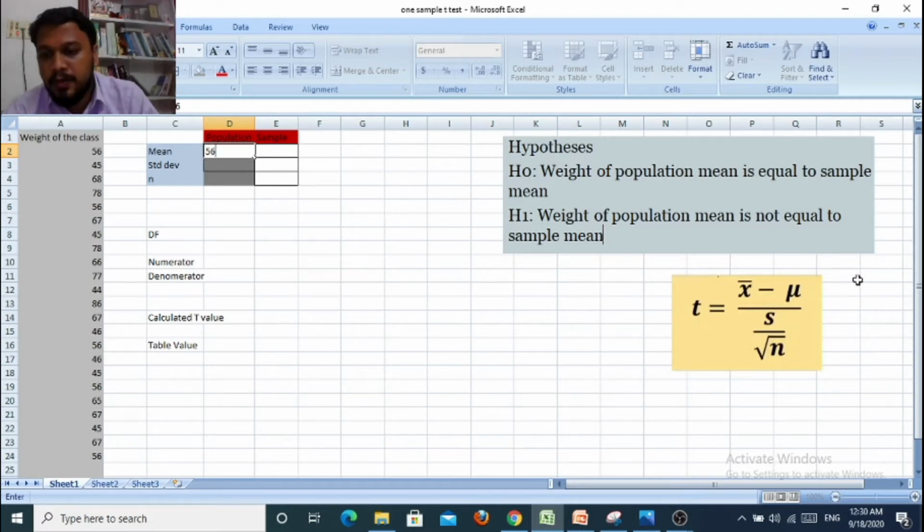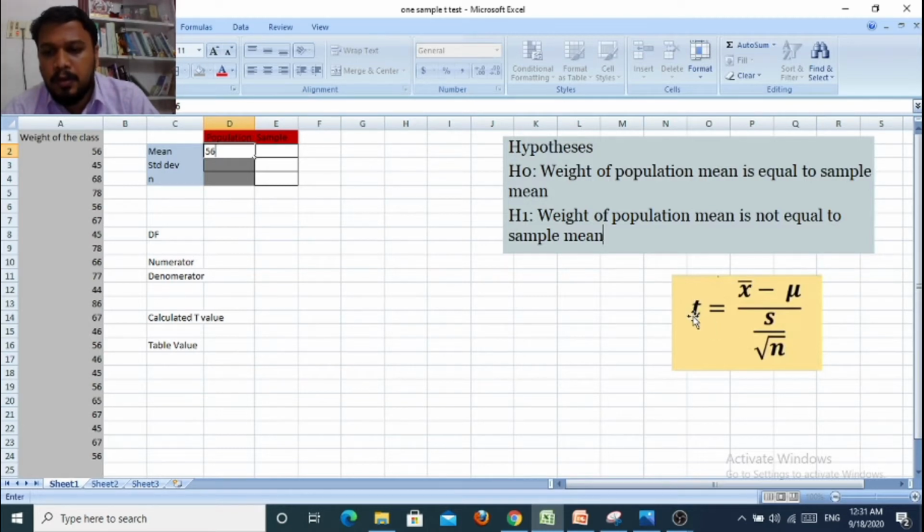The formula for one sample t-test is this, and we are going to execute it step by step. We have discussed already how to calculate mean, standard deviation, variance, etc. in another video. You can go through it. I'm not elaborating that in this particular video.